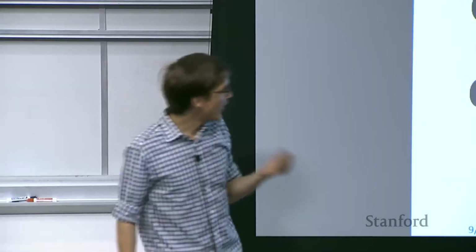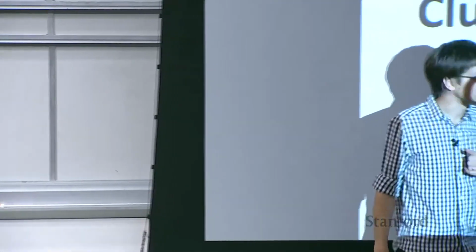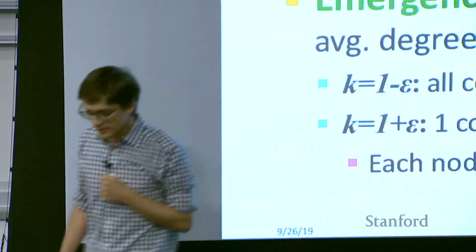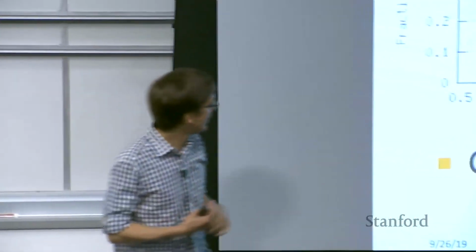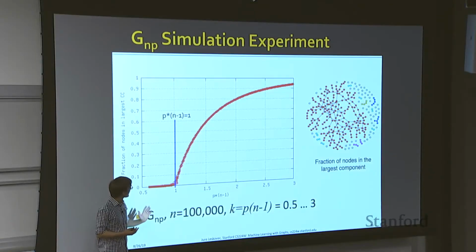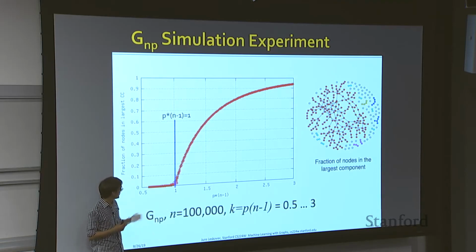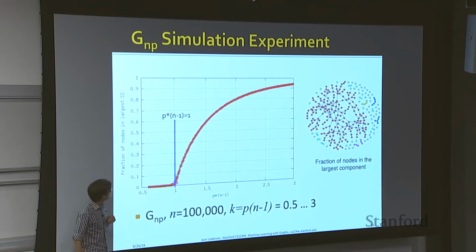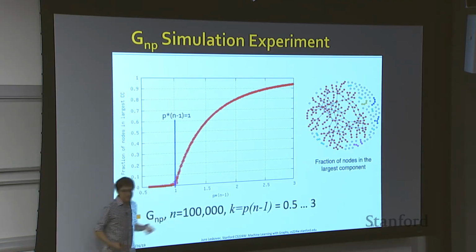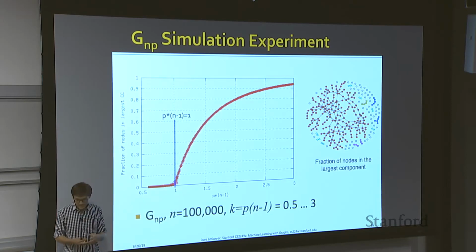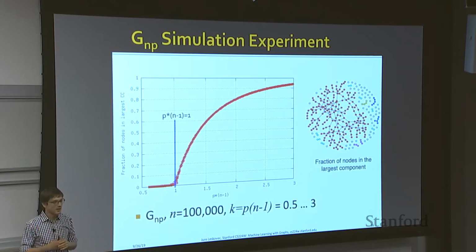And then the last thing I want to say is, when is the random graph connected? It turns out there is this beautiful result that basically shows that a random graph will get connected when the average degree is greater than 1. Here is again a computational experiment. The x-axis is average degree, and the y-axis is the fraction of nodes in the largest connected component.